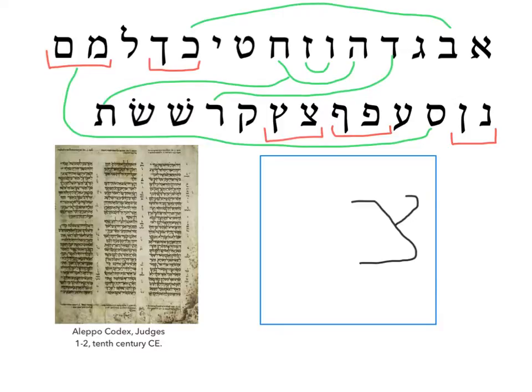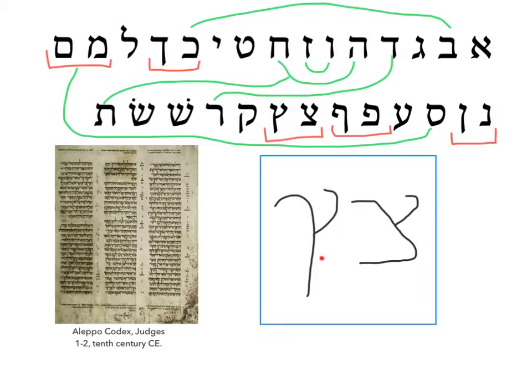Now our final tsade looks slightly different. So we're going to do this. We're going to start with a hook, and then another hook that joins it halfway down. So something similar to what we saw with the others. These two have a little bit of a different character formation in the top half, but we're dealing with this section here as a kind of cane coming down, and then these figures are more or less the same, where we have an angular stroke that intersects with the first midway down.